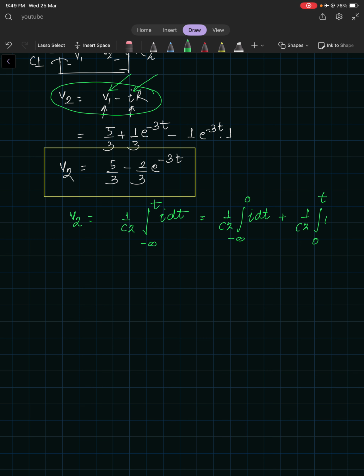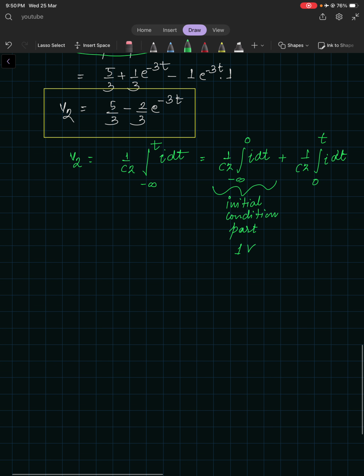Actually, this is how students make mistakes. So this is again the initial condition part, which was equal to 1 volt. You remember this was 1 volt. Okay, V2.